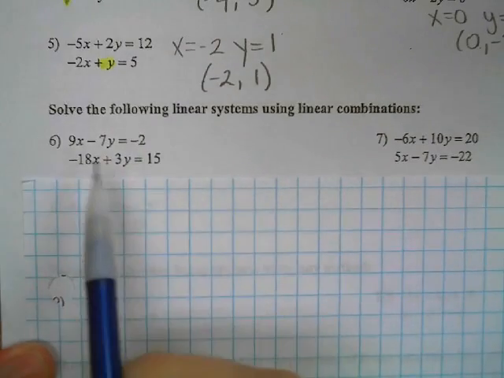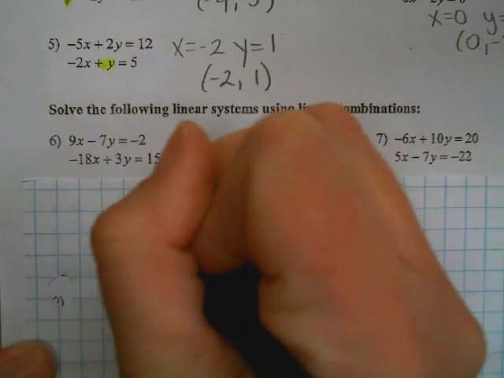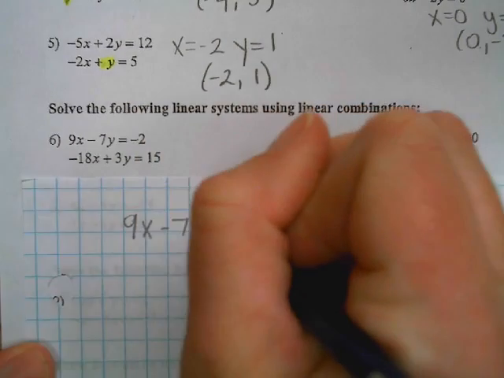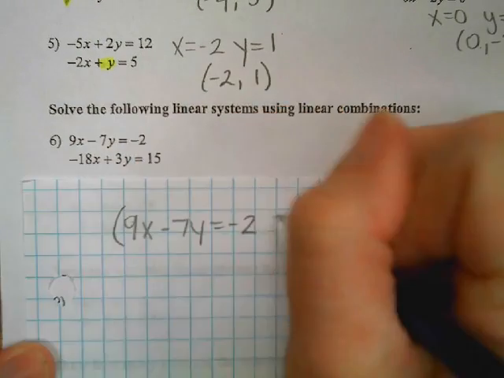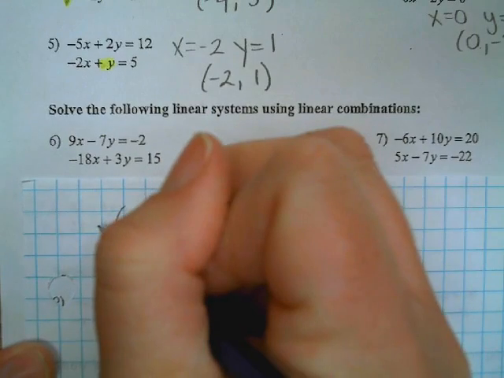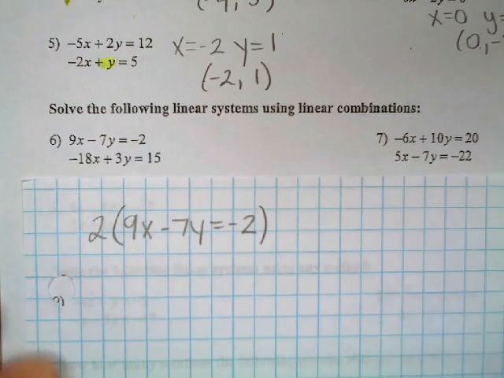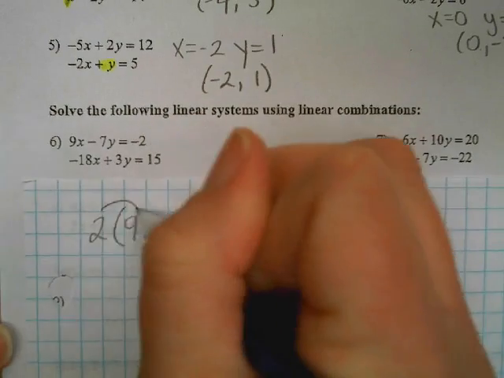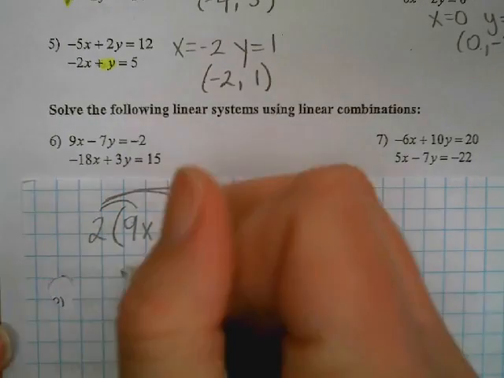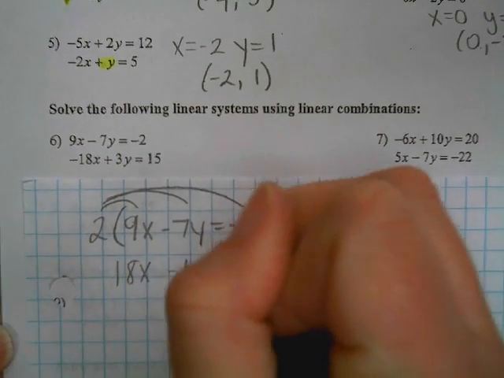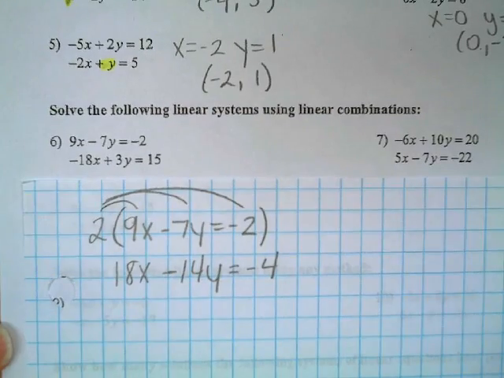In order to use the elimination method for number 6, I'm going to have to take the first equation, 9x minus 7y equals negative 2, and multiply it by 2. If I multiply every term in the first equation by 2, I'll get 18x minus 14y equals negative 4.